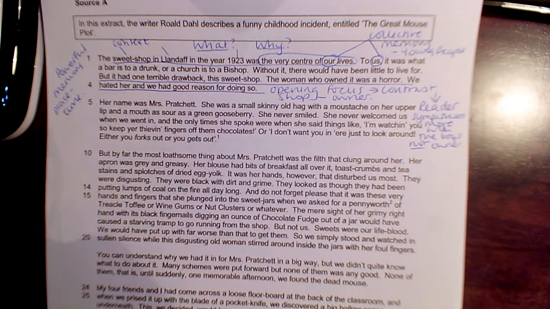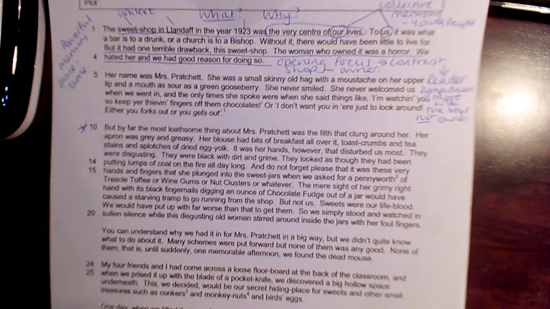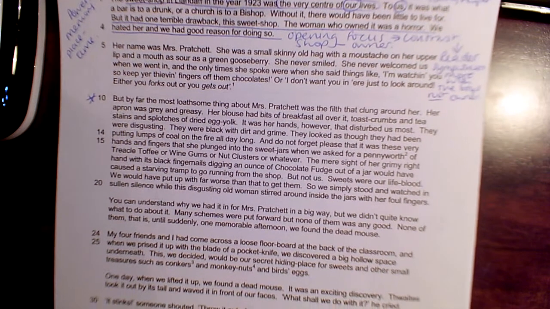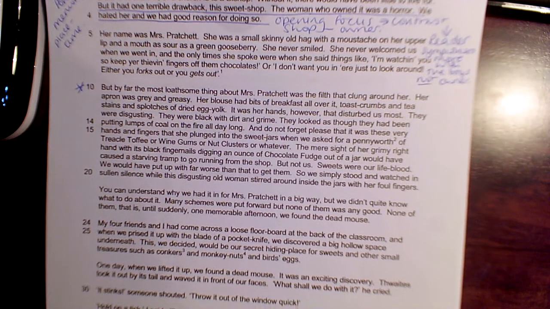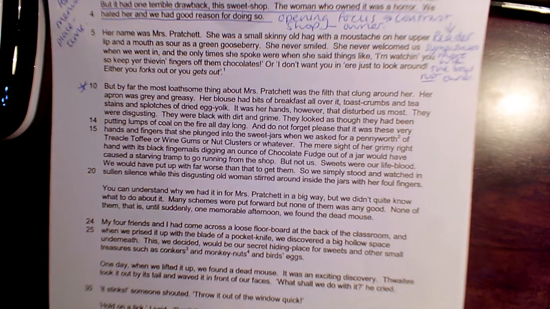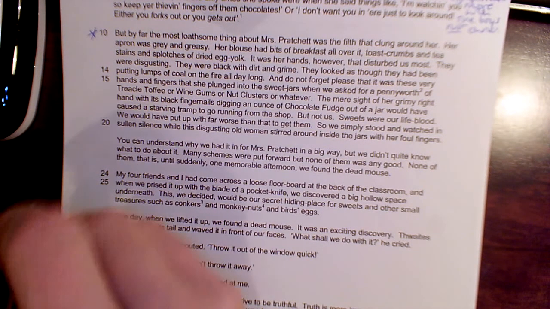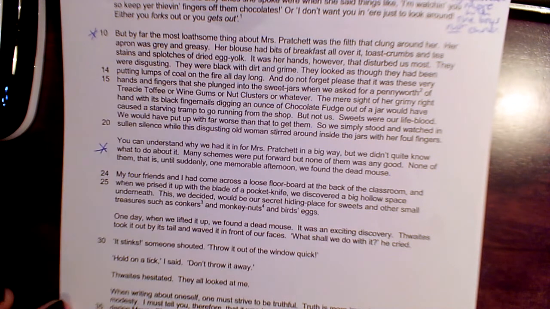So we could argue that we have a change in focus here where we zoom in on the very specific nature of her disgusting hands. That's fine. However, there is also a really central change in focus, and it's here.